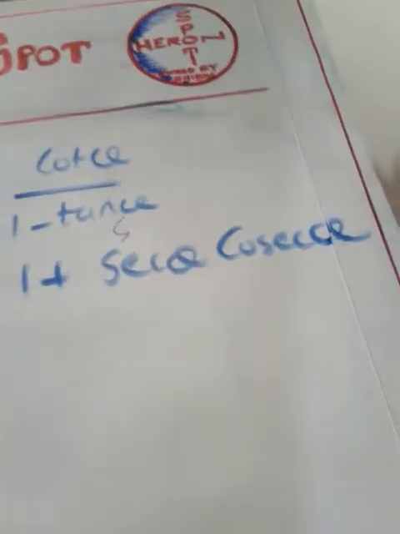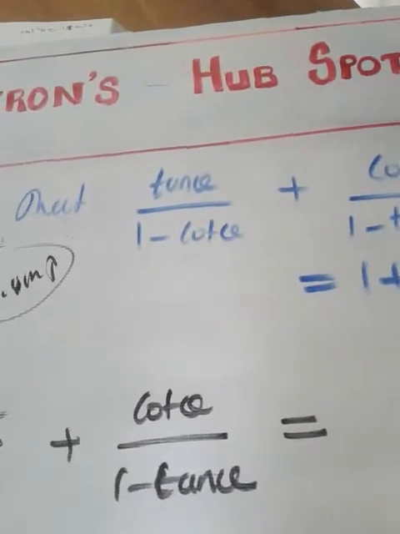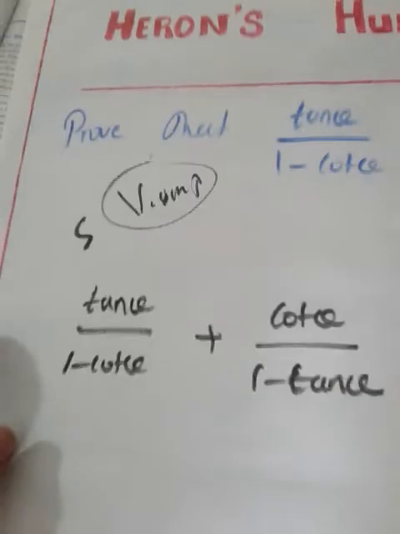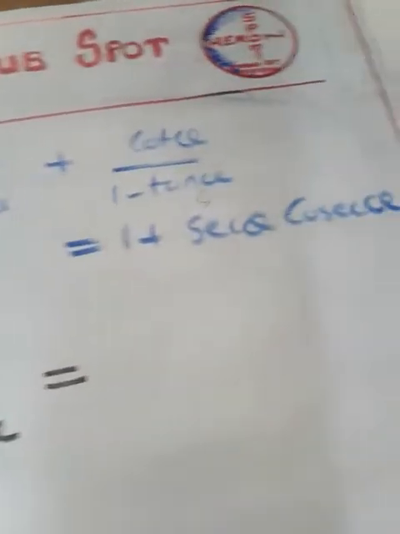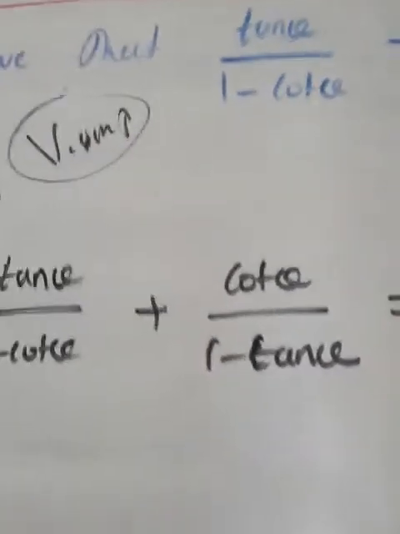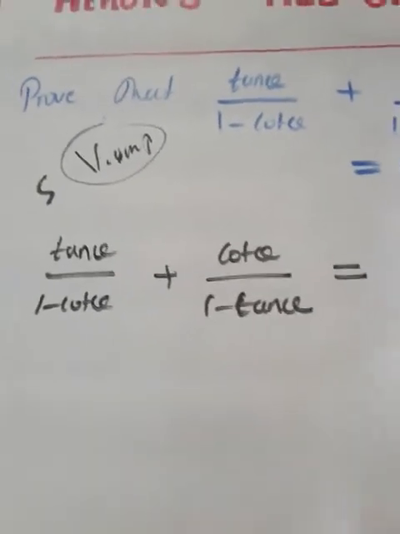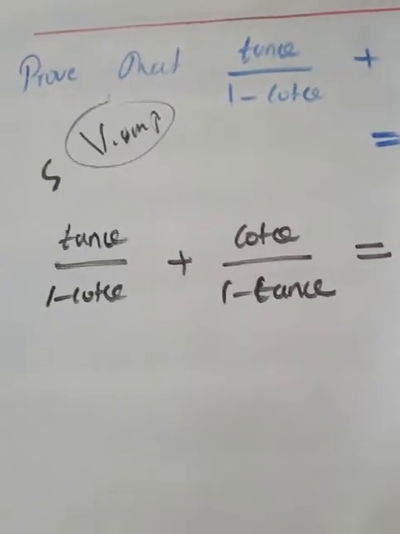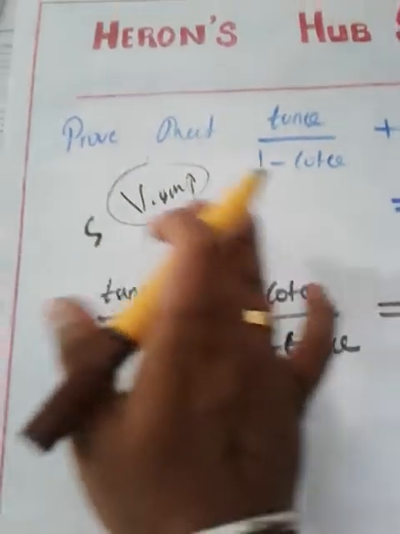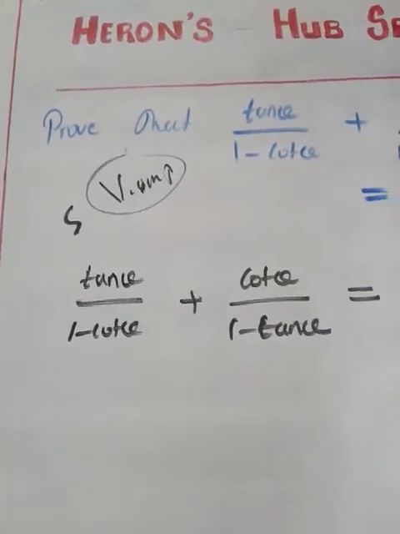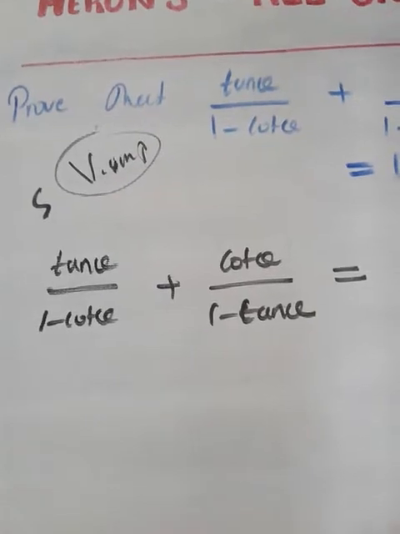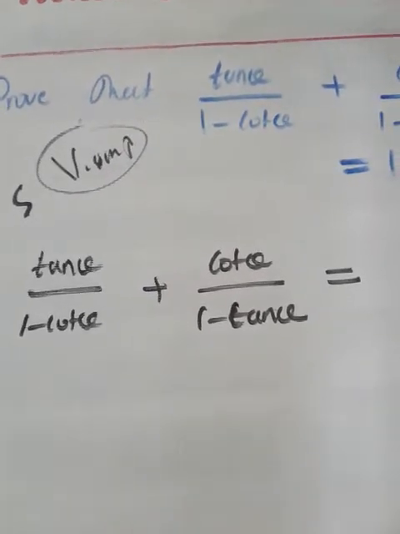RHS is in terms of sec and cosec, whereas LHS is in terms of tan and cot. So I have to do some arrangement, and I have to make the presence of sec and cosec in LHS. That is a trick. So in order to make the presence of sec and cosec in LHS, I am going to express all the terms in terms of sine and cos.